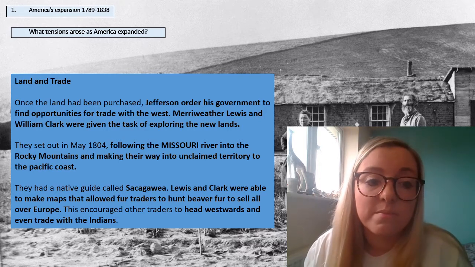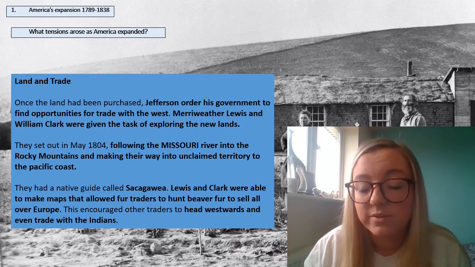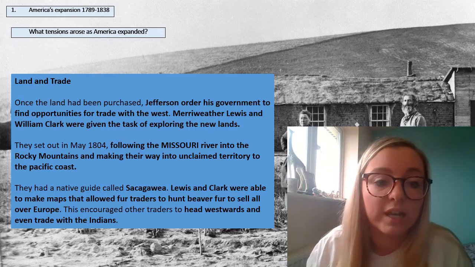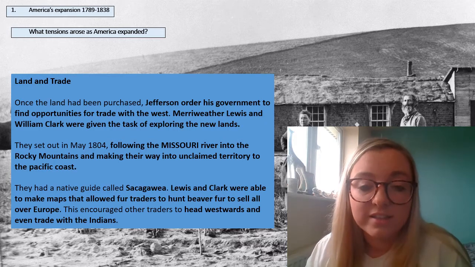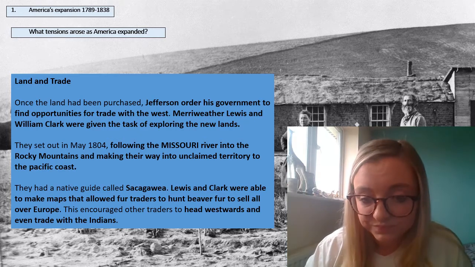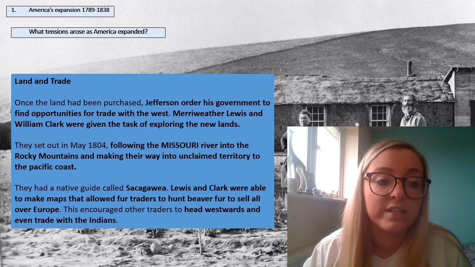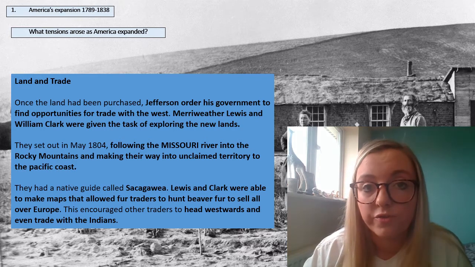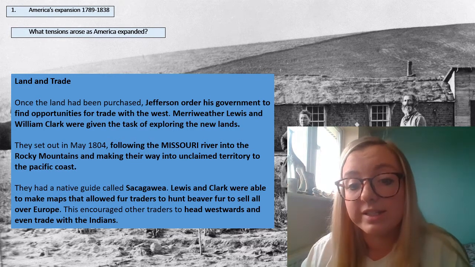They set out in May 1804 and followed the Missouri River into the Rocky Mountains and made their way into the unclaimed territory in the Pacific coast. They had a native guide who was a Native American, and they made maps to help fur traders hunt beaver to sell all over Europe, and ultimately made lots and lots of money. And this encouraged more traders to head westwards.